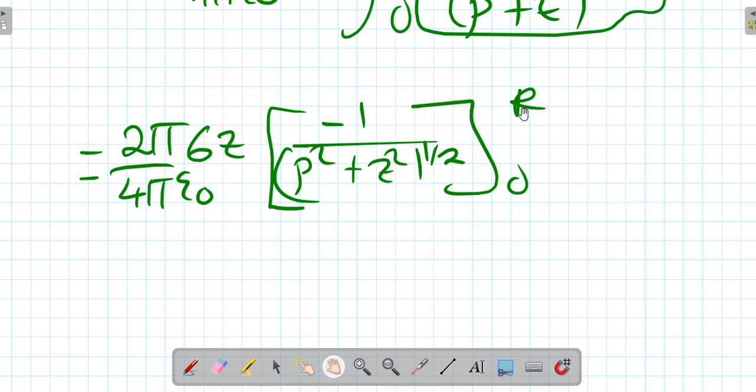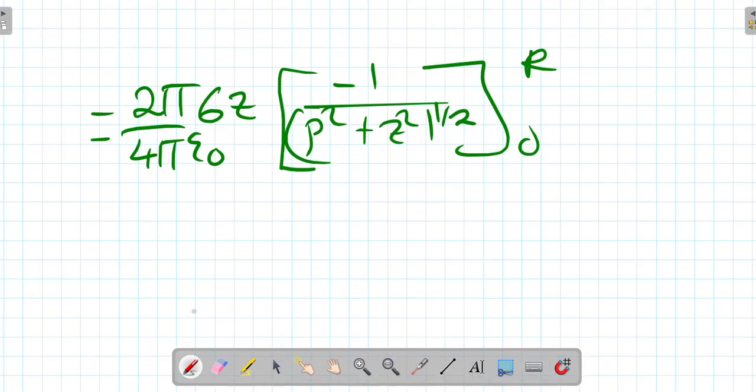Then here you can now put r. We will start with r. If you put r, then this one I can simplify. Here we're going to have sigma z over 2 pi epsilon 0. Then where there's rho, I'll put r.